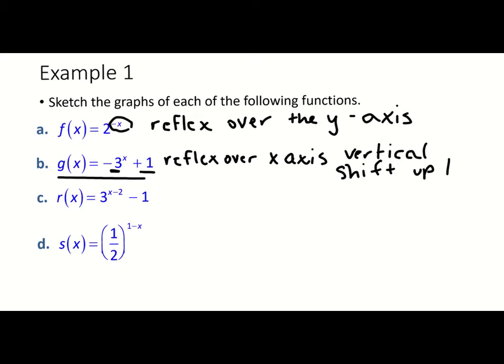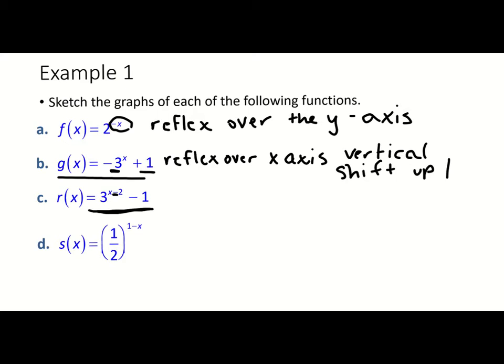Now, look at C. We have r of x equals 3 to the x minus 2 power minus 1. So there's no negative with the 3 or with the x, so there's no reflection there. But I do have an x minus 2 up there. So remember, if the addition or subtraction is with the actual exponent or with the x value, that is going to be a horizontal shift.